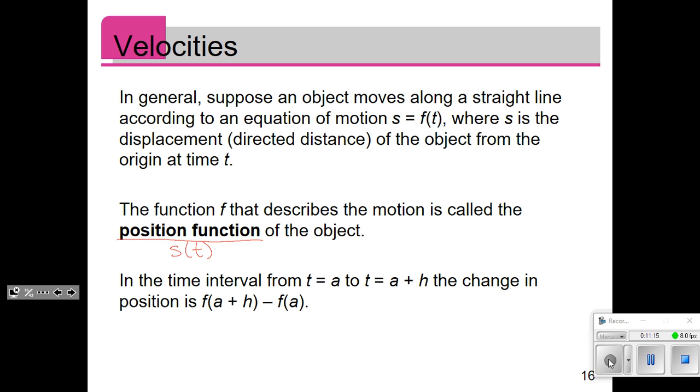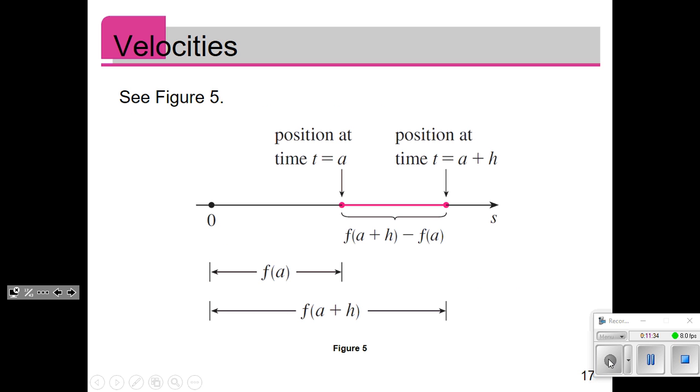In the time interval from t equals a to t equals a plus h, the change in position is f of a plus h minus f of a. So again, h is the difference in your time. From here to here, this is my h.